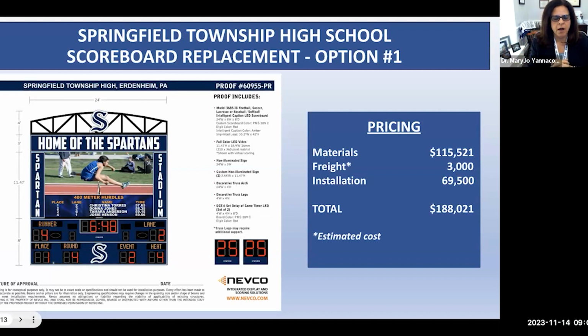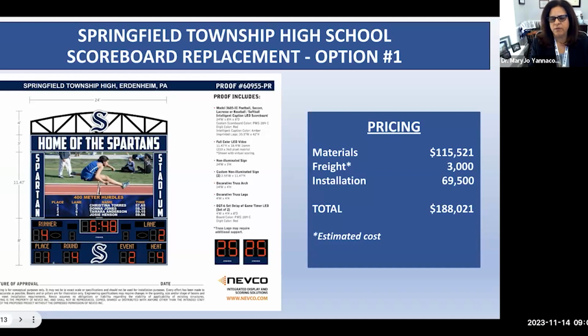And so this is certainly a matter of preference. When we're talking about a 10 to 15 year purchase, the difference in price doesn't seem prohibitive to us if we wanted the larger video board, which is what the athletic department is requesting. But certainly either board is going to provide us the functionality and flexibility that we're looking for.